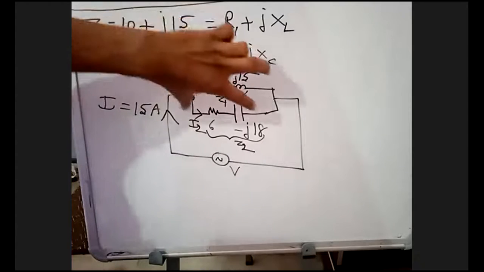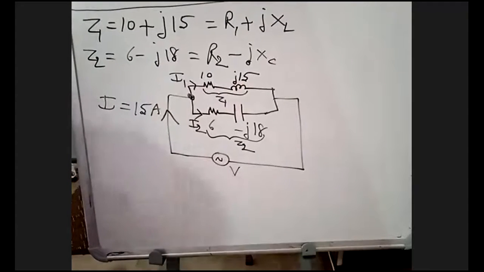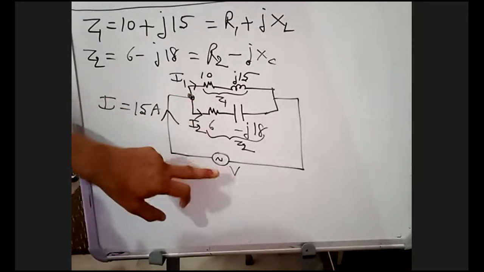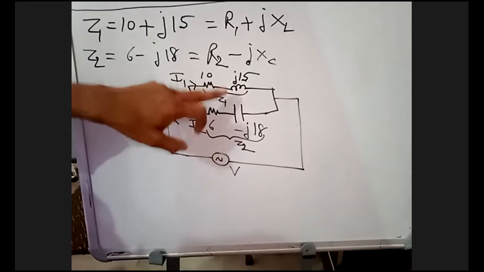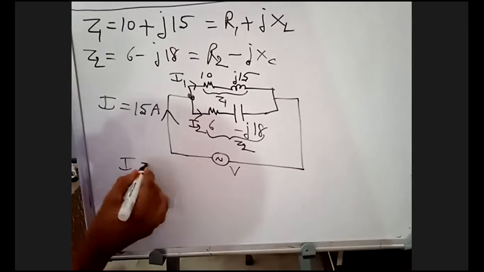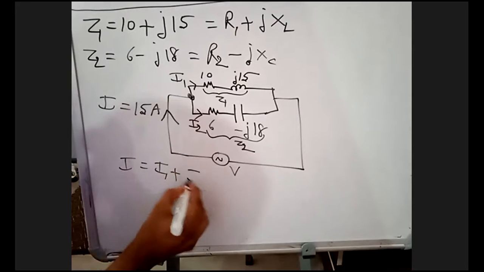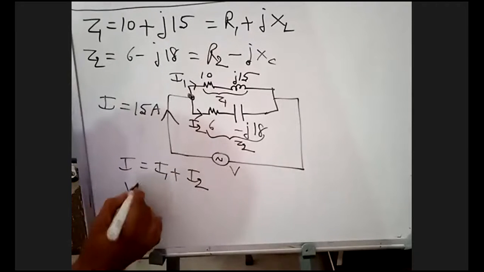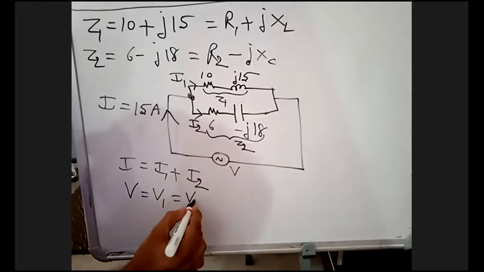Now, what is the voltage across Z1 and Z2? V. In parallel, voltage is the same. Whatever voltage we apply, that entire voltage will appear across Z1 and Z2. Here I is equal to I1 plus I2; current divides, but V1 is equal to V2.